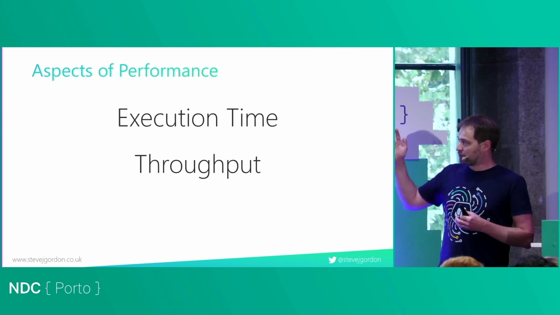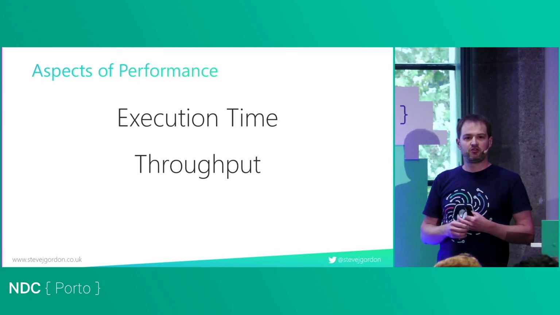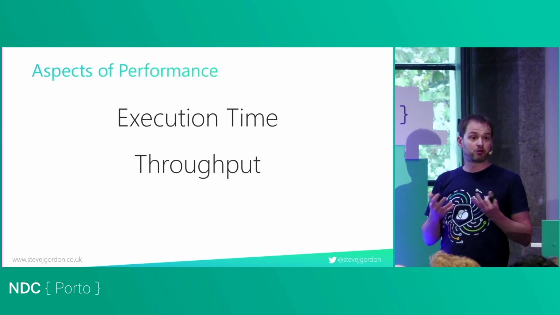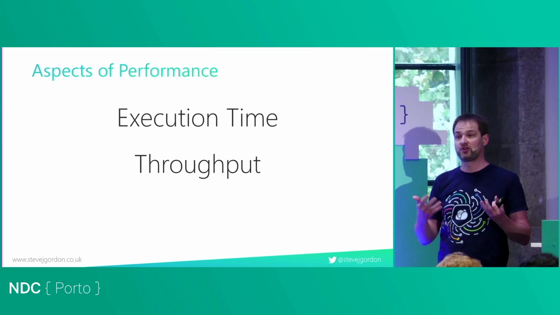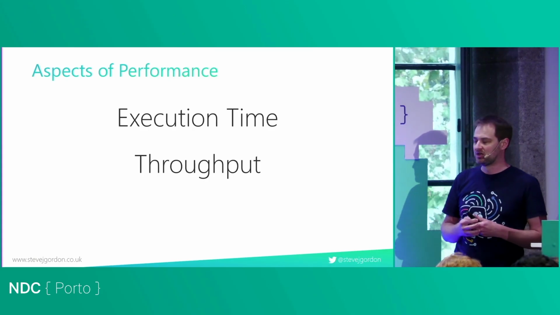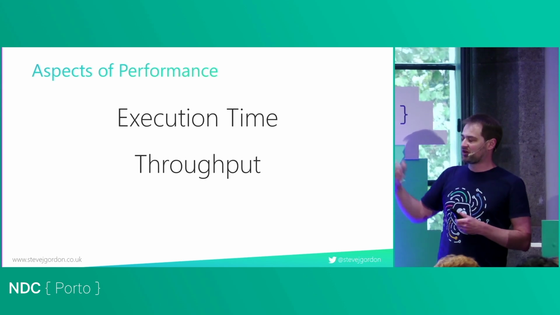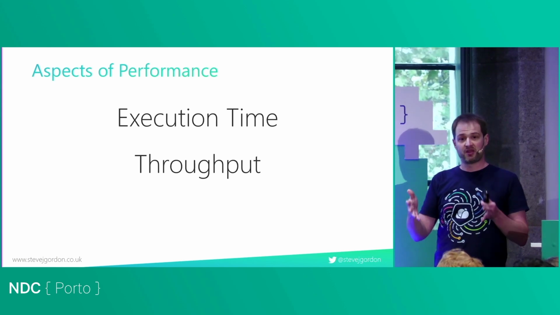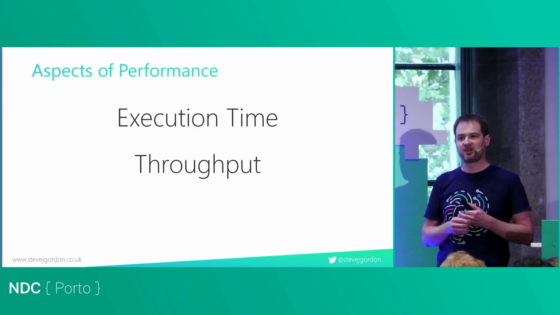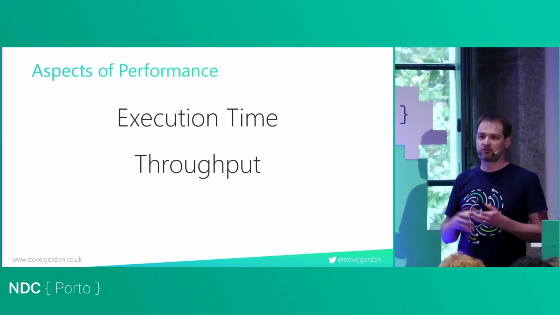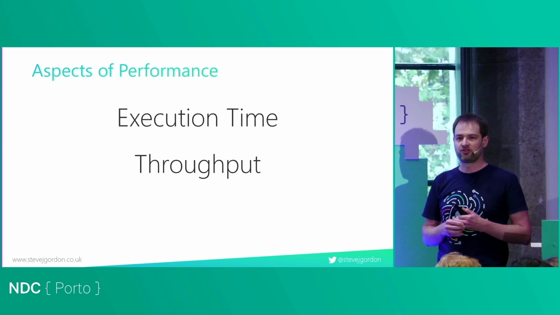So throughput is more a measure of what we can actually do with a given amount of resource on a machine, so requests per second in ASP.NET Core, or maybe messages processed off a queue per second per minute, however we're measuring that. And this gives us a nice way of measuring sort of the actual performance of an application in production, because it's an easy measure that we can take using metrics-based tools to collect this information to see how our applications are performing.